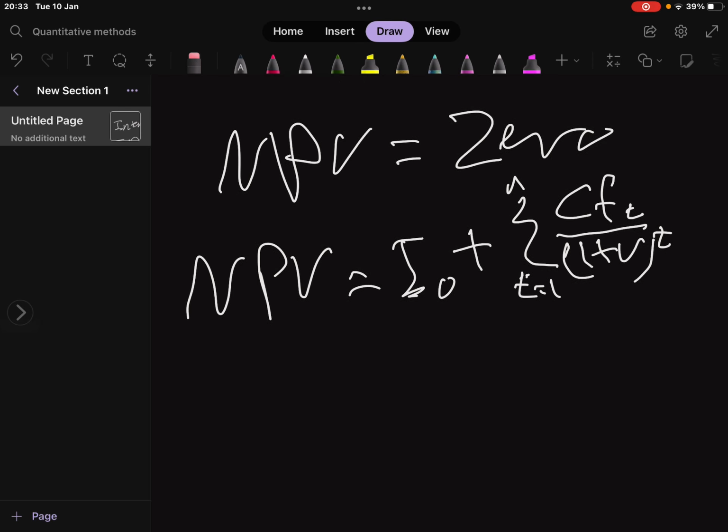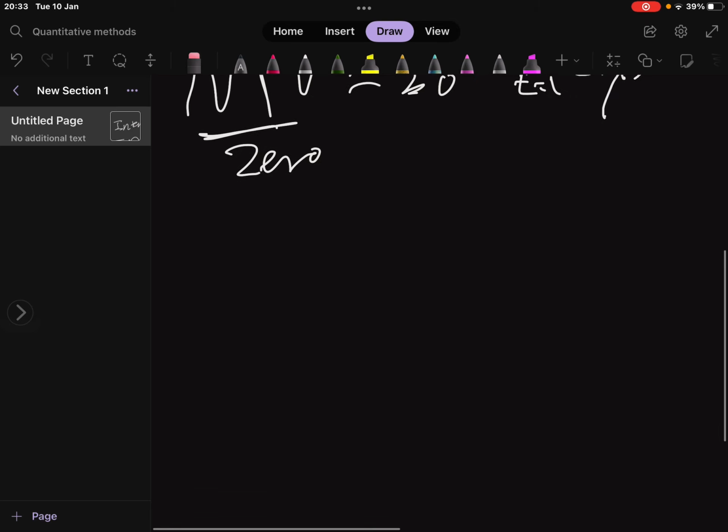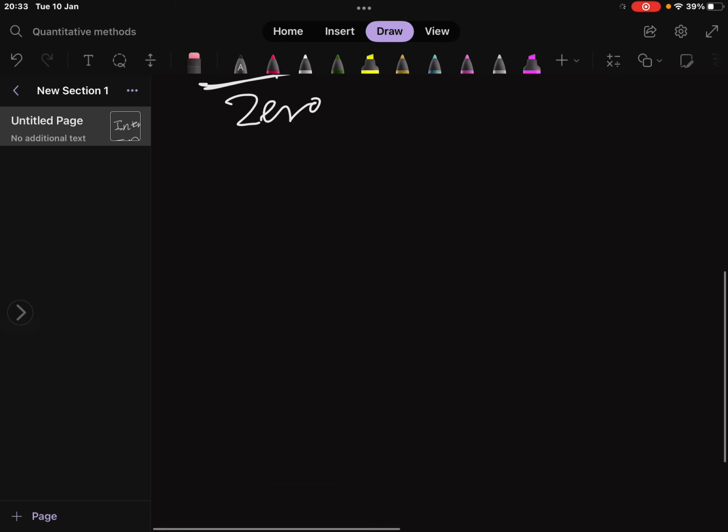So the IRR is the discount rate that we will incorporate in this equation that will make the NPV equal to zero. How can we calculate the NPV of a project? The idea is quite simple.